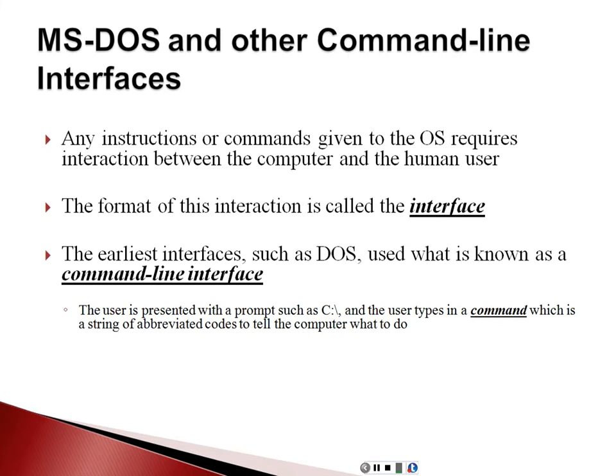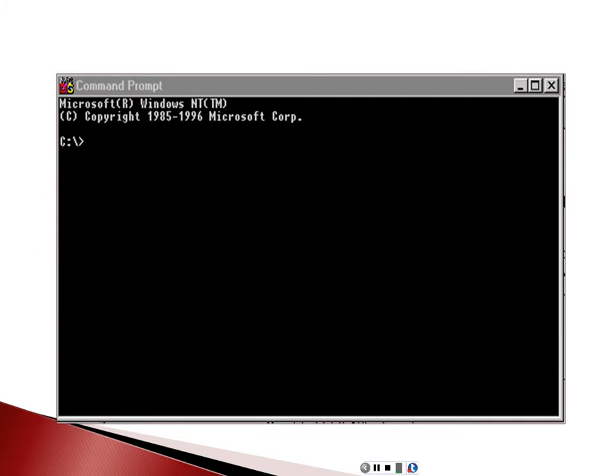You're typing in commands to interact with the operating system and tell the computer what to do. If you are using a DOS-based operating system, you will get this C prompt. The C is just indicating the drive where the operating system is held. And then you would type in a command right after that C prompt.